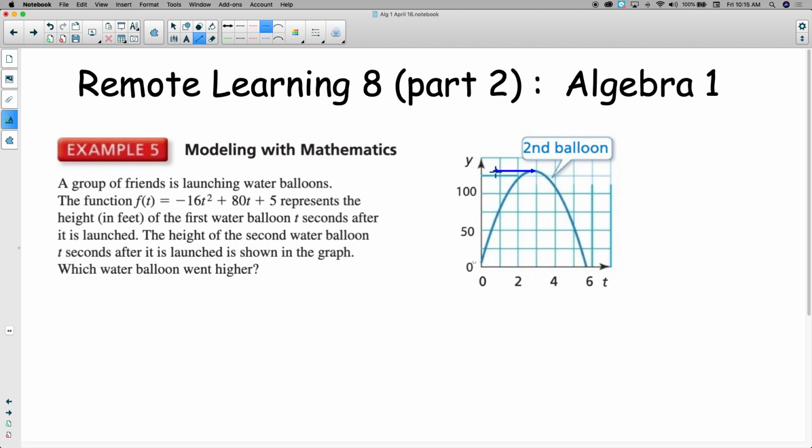I'm guessing a little bit, but what's the scale here? 25, 50, 75, 100, 125, and I don't know, like 130. So let's just go approximately 130 feet. That's the second water balloon's maximum height.